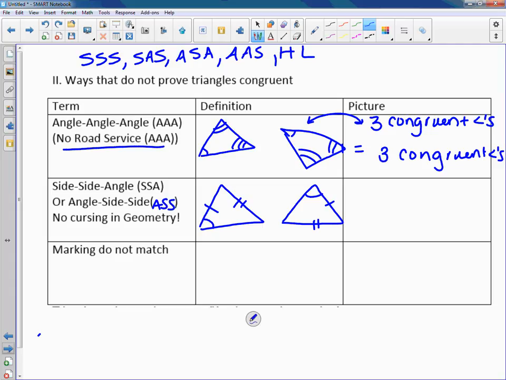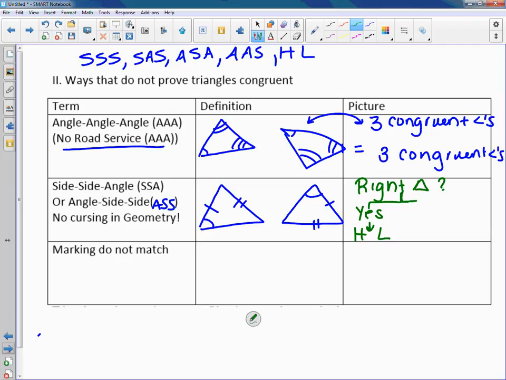If you get an angle side-side, you need to say to yourself, self, is it a right triangle? And if your answer is yes, then you can prove it by hypotenuse leg, because hypotenuse leg is really an angle side-side.